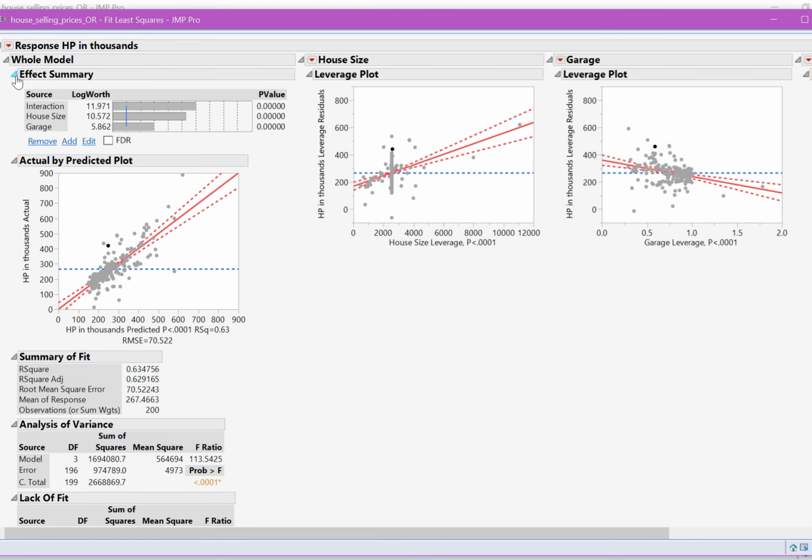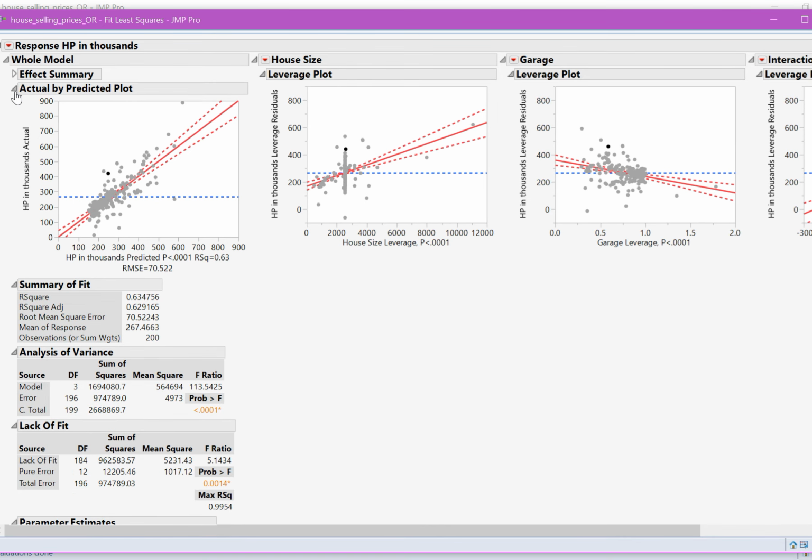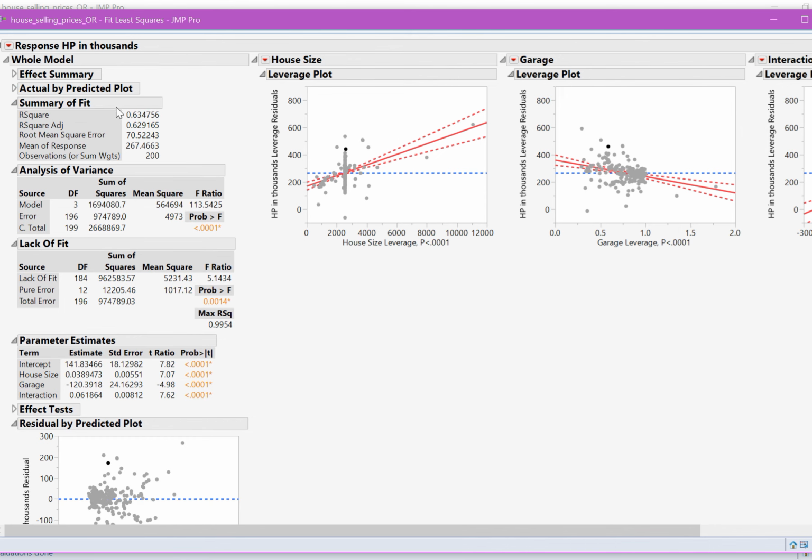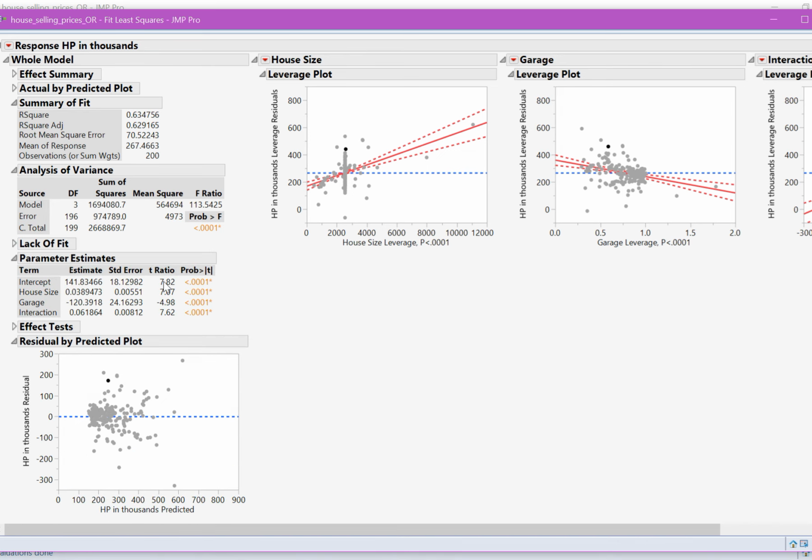We can see here, collapsing some of this output to get everything I'm interested in on the screen, that including all three of those terms, the two simple effects and the interaction effect, explains 63% of the total variability. The overall model is significant, so I interpret the analysis of variance the same way. Looking at the parameter estimates, holding garage constant, for any fixed level of garage, I do have an effect of house size.